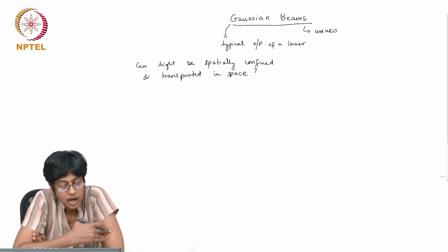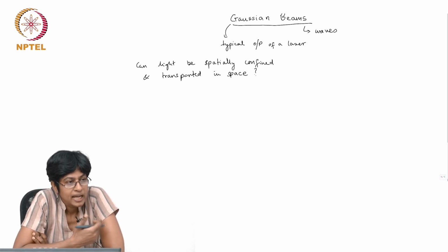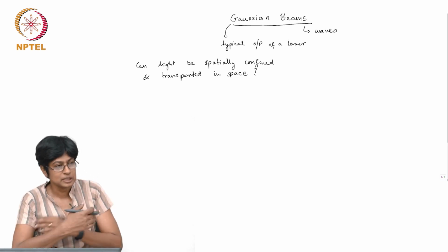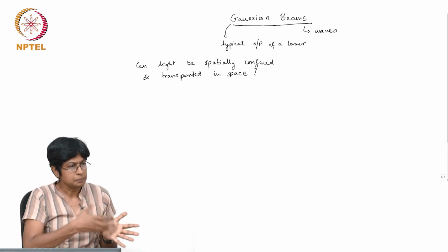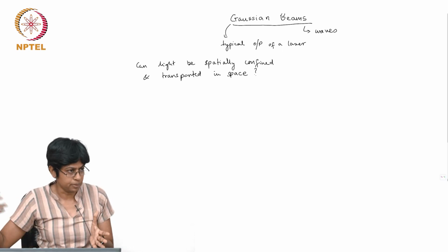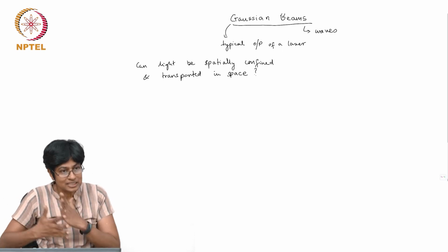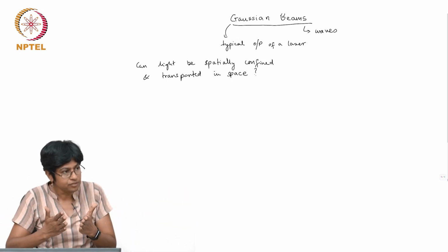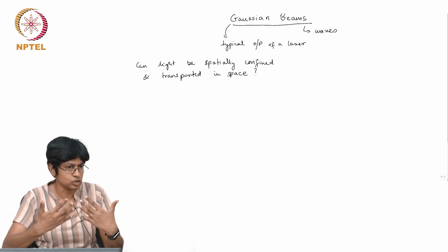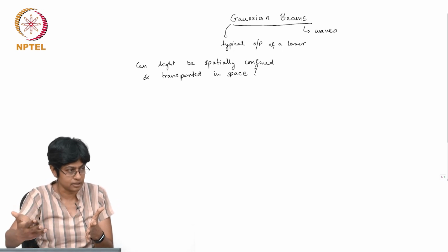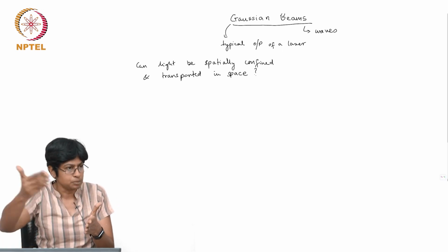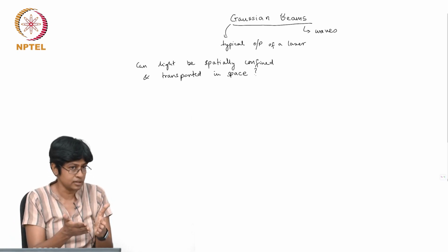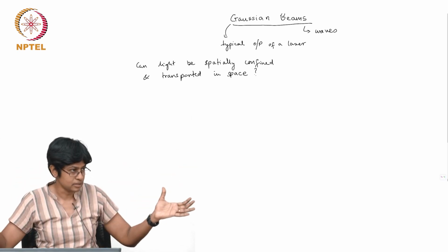And again, to answer this, I'm going to look at the different kinds of beams that exist. Now, what do I mean by spatially confined? That means as this beam propagates, does it spread out and occupy all of space, or does it travel? So it's propagating. So transported means it's propagating. As it propagates, does it propagate with a more specific direction, or does it spread in space?